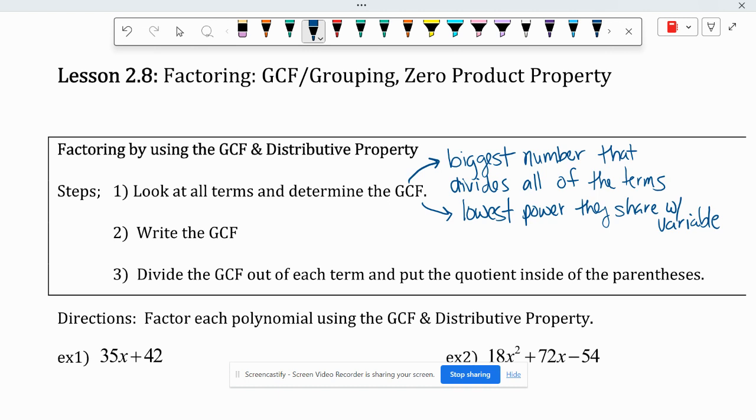So it's the lowest that they all share, meaning do they all have an x squared? Do some have x squared, some have x cubed, some have x to the fourth? Because if that's the case, then they all still have an x squared. It's just nestled in there. Okay, so that's what you're looking for. The lowest power or exponent that all of the variable terms have.